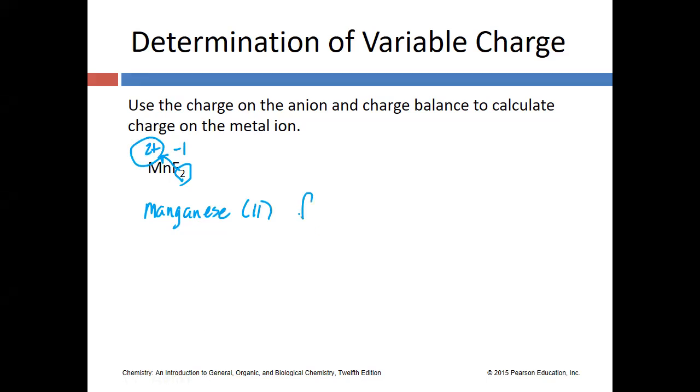Fluorine turns into fluoride. The name of the compound is manganese(II) fluoride. That's the only modification that we have to make. We have to identify the charge on the manganese because it could have more than one. But the Roman numeral is the charge.